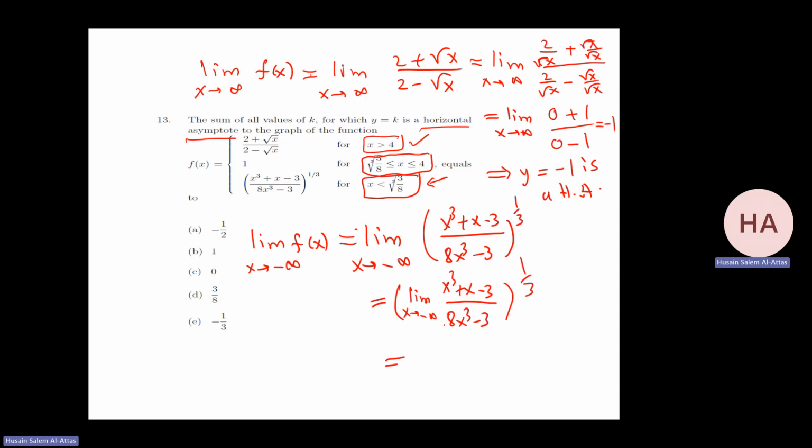That gives me what? Same degree. So that's 1 over 8. Cube root of 1 over 8 will be what? Half. So y equal half is the horizontal asymptote.